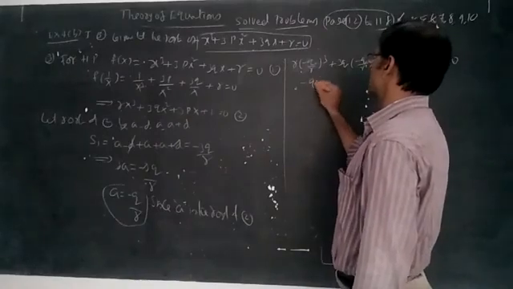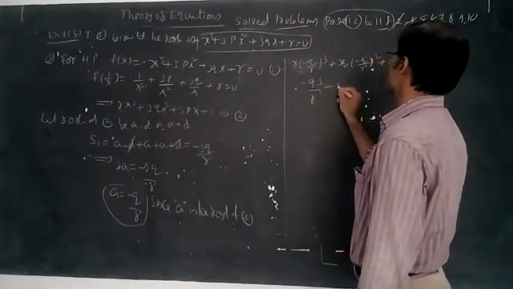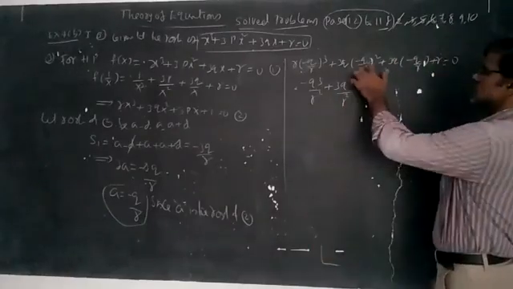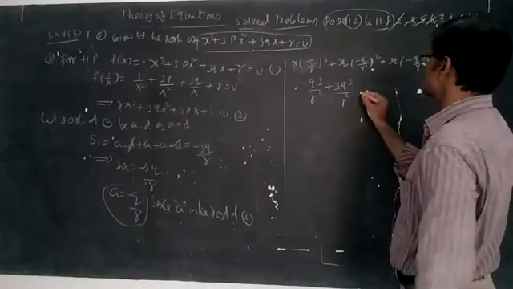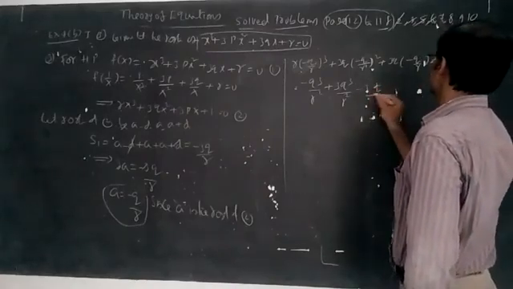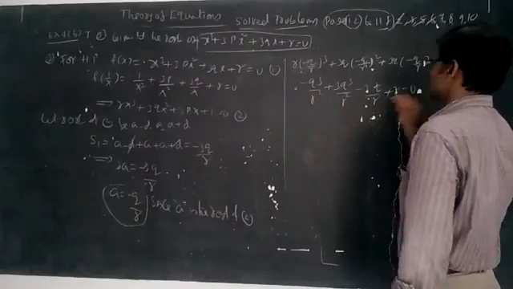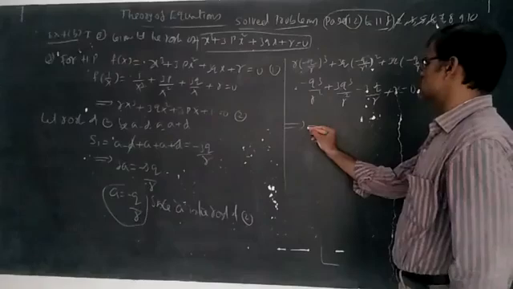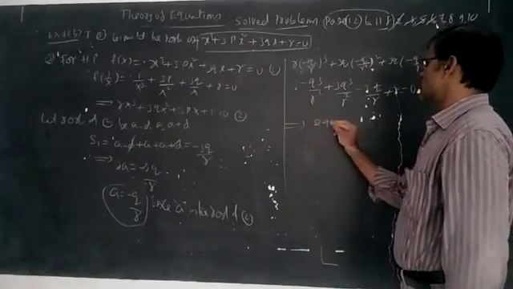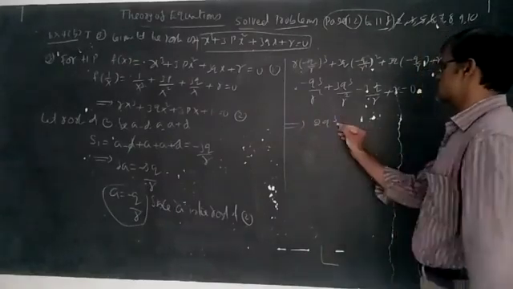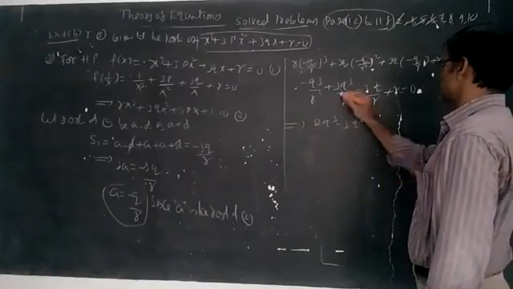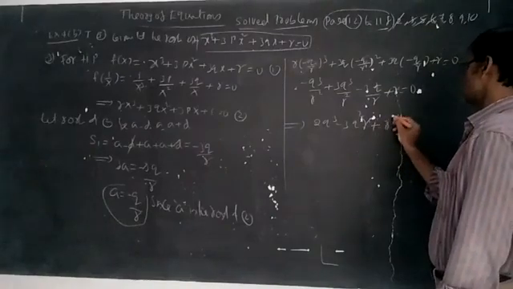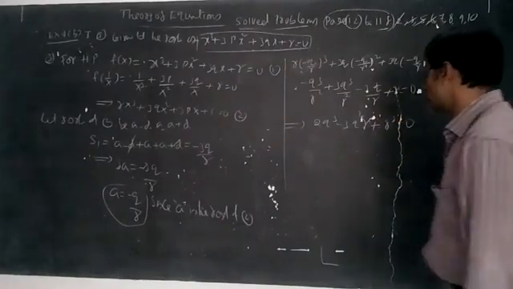You can understand here minus q cube by r square plus 3q cube by r square, because minus q whole square becomes plus q square. Minus 3pq by r plus 1 equal to 0. That implies 3q cube minus q cube becomes 2q cube, taking r square as LCM, you get 3pqr plus r square equal to 0.